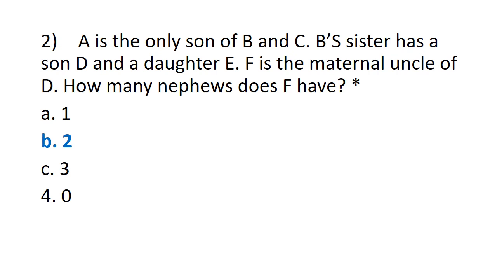Understanding? Thus, F is the maternal uncle of A. So A and D are the nephews of F. That is, F has 2 nephews. So what is the right answer? 2. Option B is the right answer, that is 2.